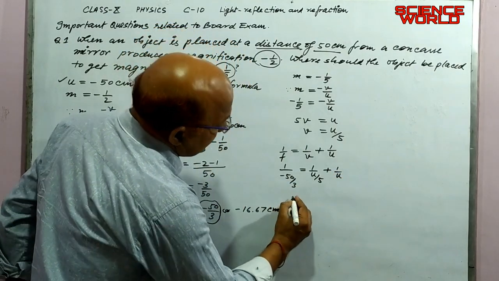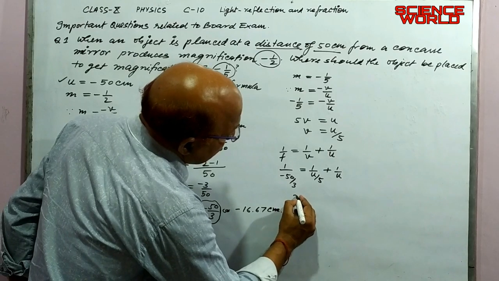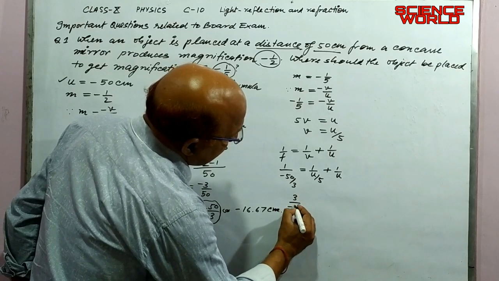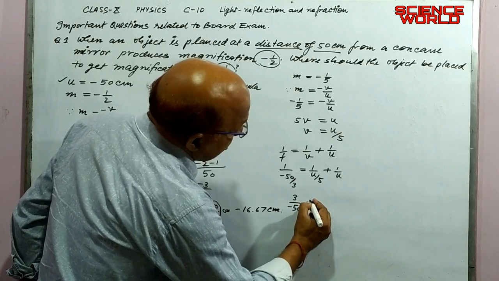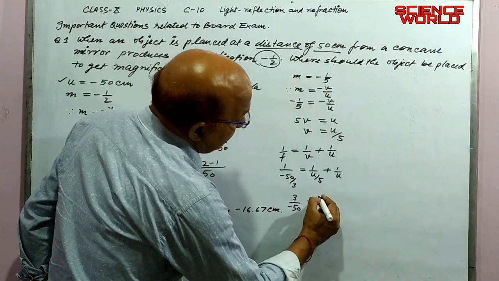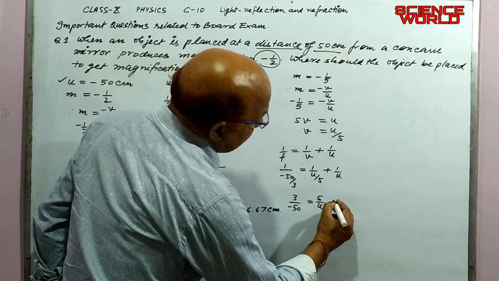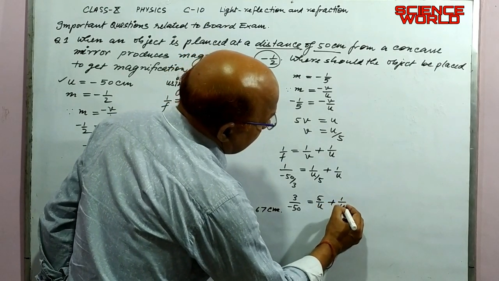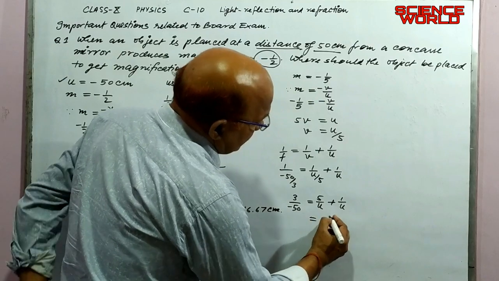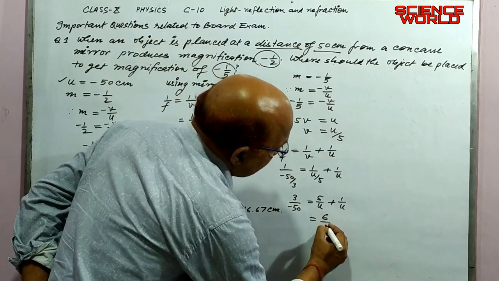Now, this is 3 upon minus 50, equal to 5 by u plus 1 by u, which is 6 by u.